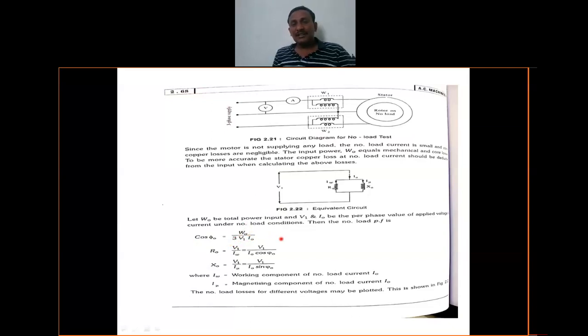The three phase power formula is 3 V I cos phi. The single phase power formula is V I cos phi, so three phase power is 3 into V phase, I phase, cos phi, with phase voltage and phase current. But in most problems we use root 3, because the given voltage is always line voltage.